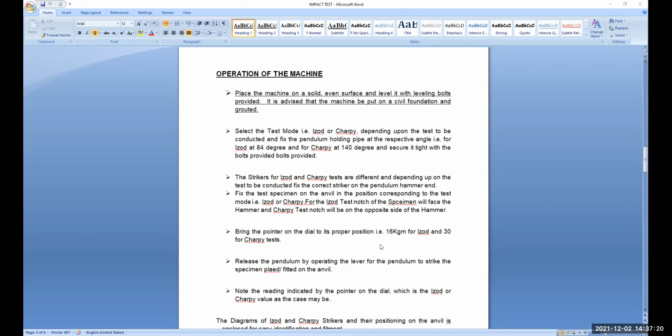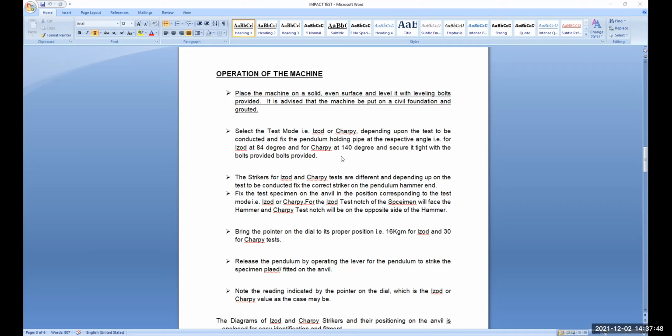You have to fix the pipe for the work according to the height where it is. Say for Izod, it is fixed at an angle of 85 degrees, and from there it will start its movement. For Charpy, it is fixed at a higher angle.